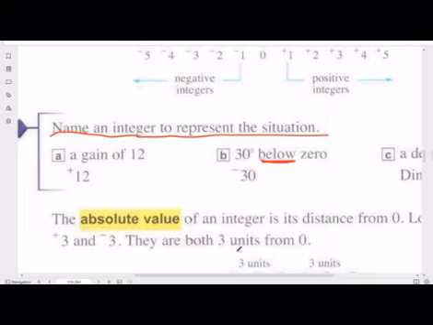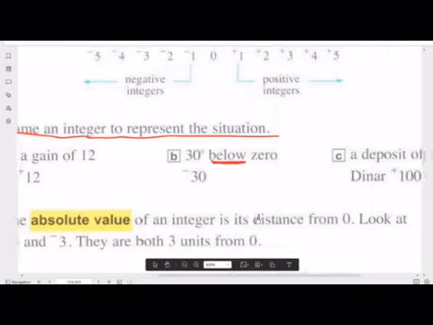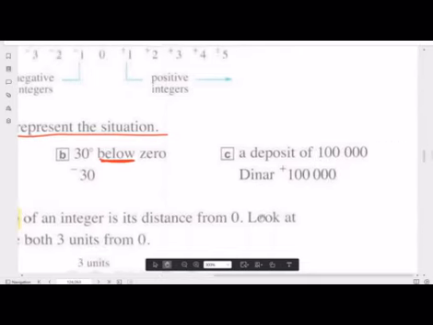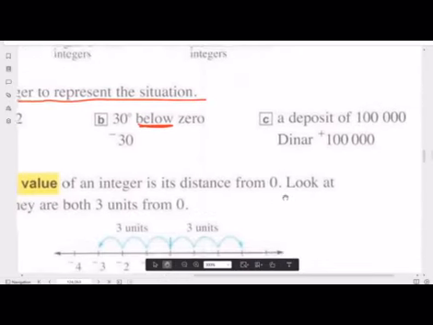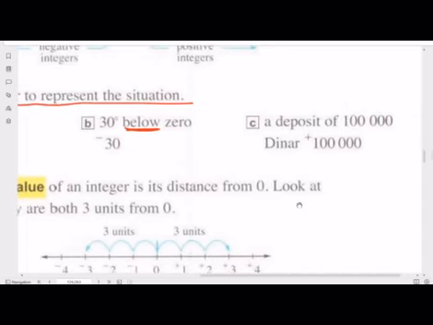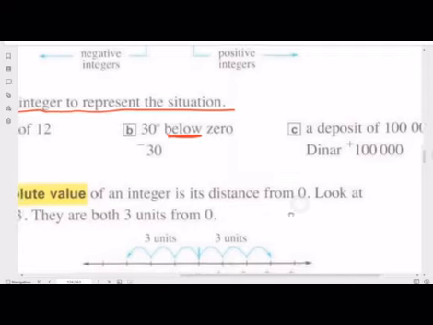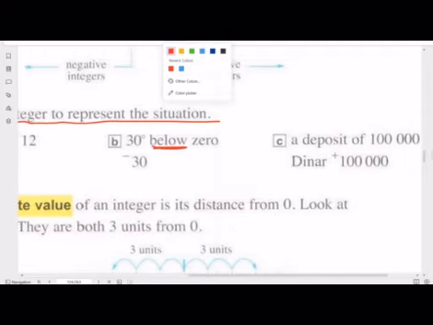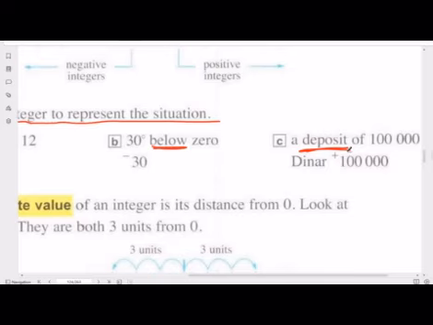Another example of how to write situations as integers: a deposit here means positive, okay? The question says write the integer to represent a situation. So we have some keywords that tell us whether it is a positive or negative number, okay? That's it.